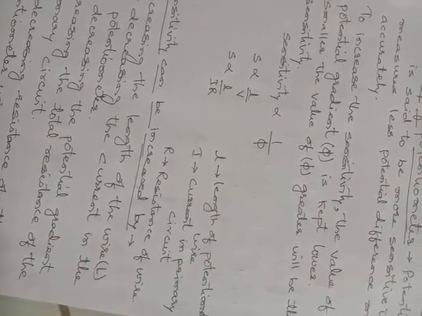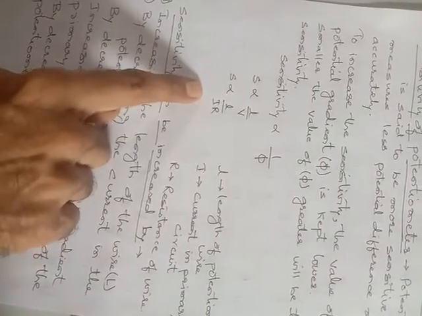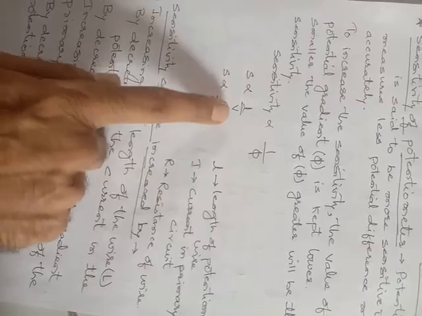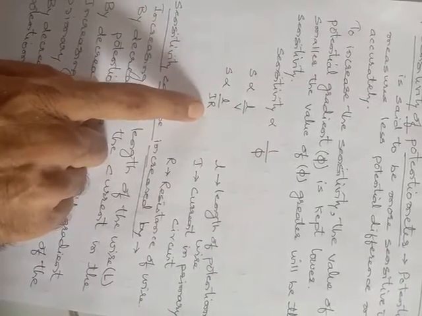If we take a 10 meter potentiometer, its sensitivity will be more and more accurate, very high. So sensitivity S is proportional to L by I into R.